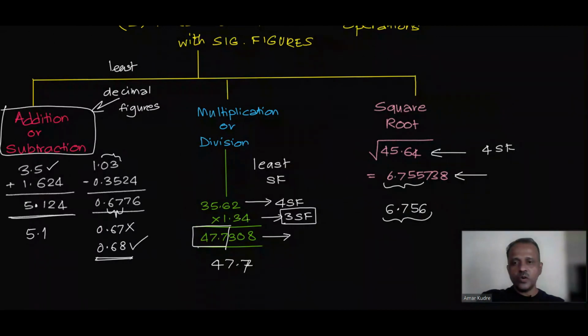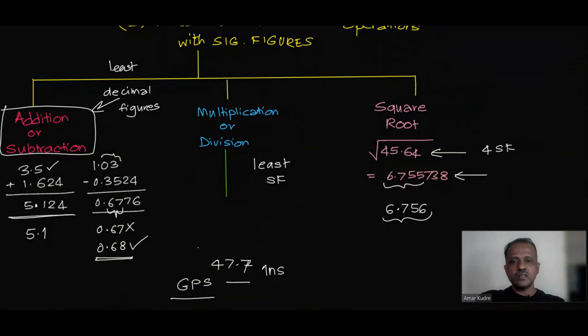In the case of multiplication, let me give one simple example. We all know, I was talking of the GPS satellite and the accuracy. Now the atomic clock which is there in the GPS satellite calculates time to the accuracy of 1 nanosecond.